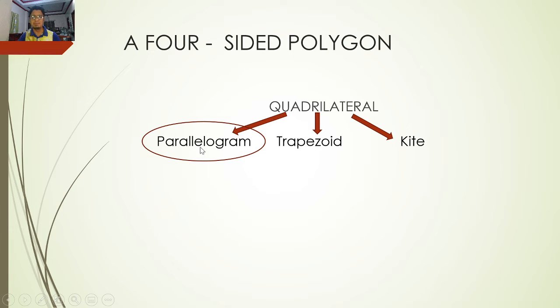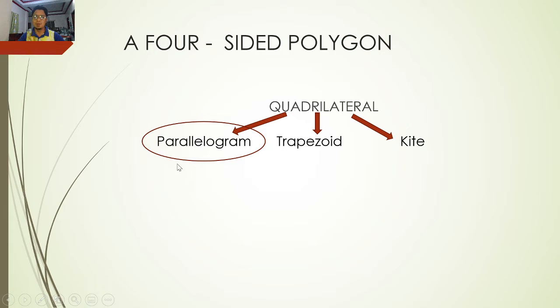A parallelogram is a quadrilateral kasi yun yung direktang nasa ibabaw niya. Same goes sa trapezoid, same goes sa kite. So, what is a kite? A kite is a quadrilateral, dot. So, dugtong natin. Trapezoid. Trapezoid is a, ano nga? Quadrilateral, that is. So, diretso lang po tayo.